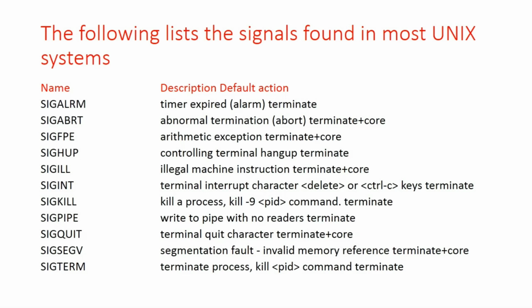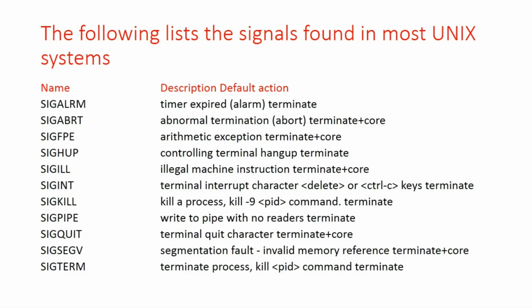Here are the following signals found in most Unix operating systems. The first one is SIGALRM, for timer expired, terminate. SIGABRT is for abnormal termination, so you will get this signal when the process terminates abnormally. SIGFPE is for arithmetic exception, terminate.